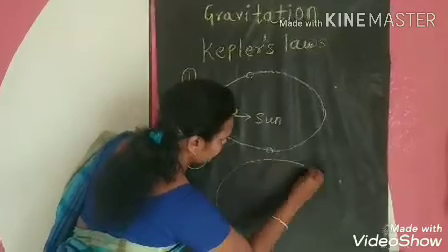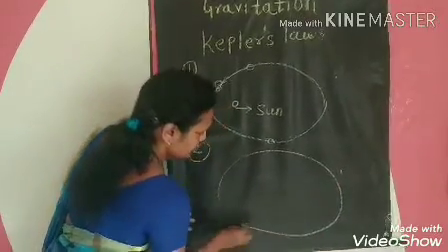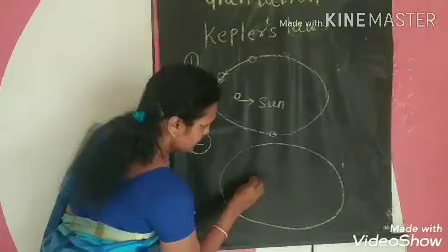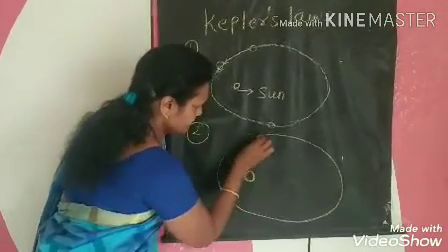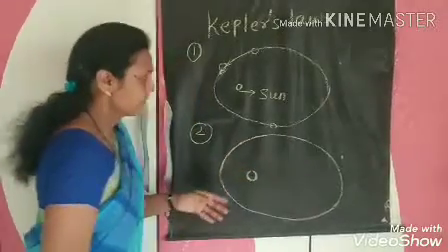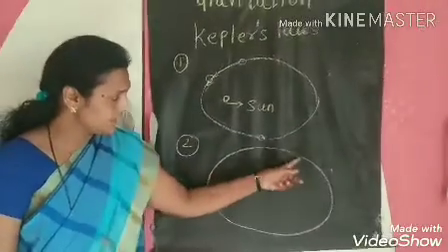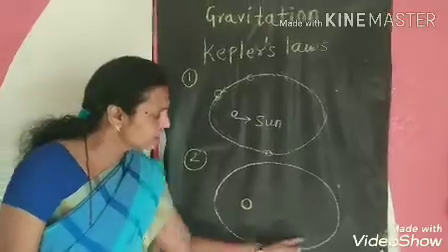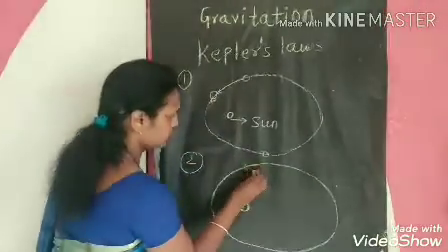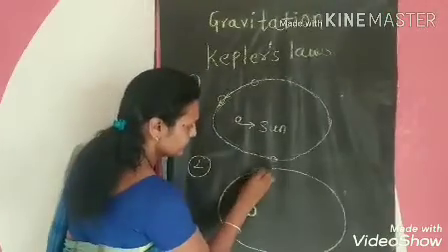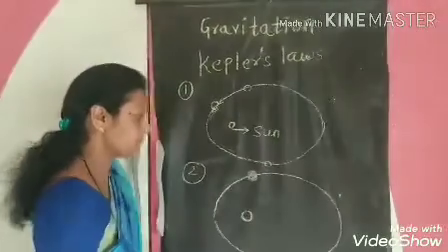here again I am drawing an ellipse shape. Suppose here is the sun. Orbits are like this, planets are moving around the sun. I am showing the planet with another chalk here. Suppose this is one planet.